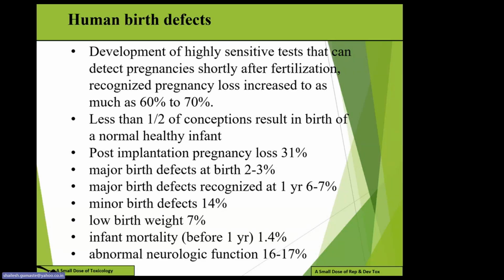Post-implantation pregnancy loss is nearly 31%. 2 to 3% have major birth defects at birth. At 1 year, 6 to 7% major birth defects are recognized. 14% will be minor birth defects. About 7% have low birth weight. Before 1 year, there is 1.4% infant mortality and 16 to 17% abnormal neurological function.